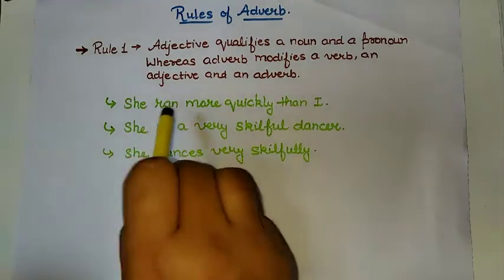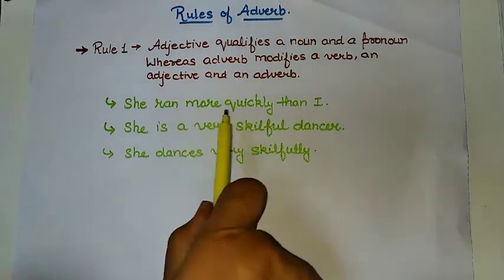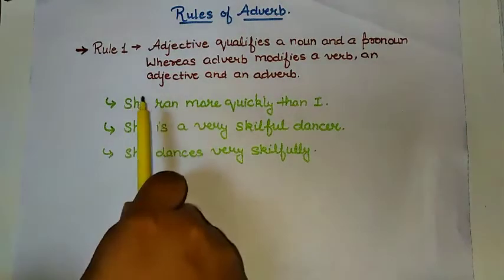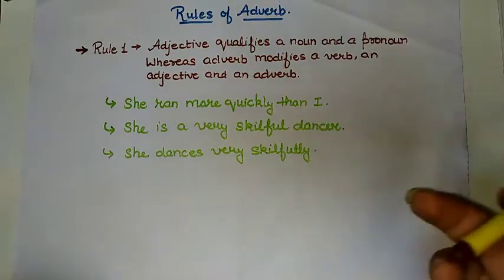Like, she ran more quickly than I. Here, more quickly is an adverb and it is modifying the verb ran. In this sentence, we are showing how exactly the verb ran is taking place. She is running, okay, but how? She is running more quickly than somebody else.